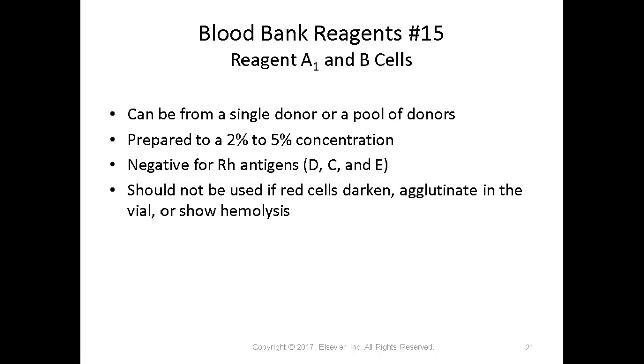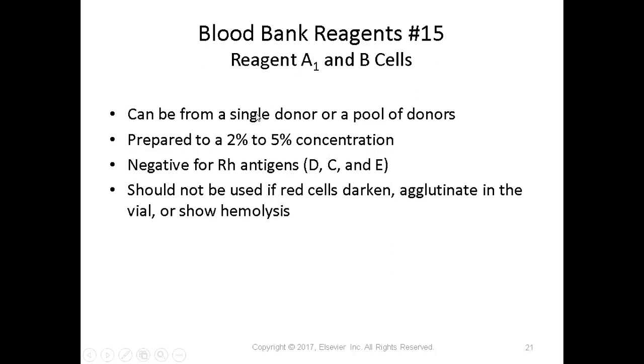Remember that one? So we're going to have optimal reactivity for visualizing immune complexes and agglutination when our antigen is in about the same concentration as our antibody. So with blood bank testing in the tube, 2 to 5% red cell concentration is what we want to have for our testing.